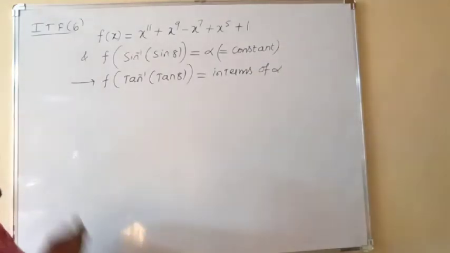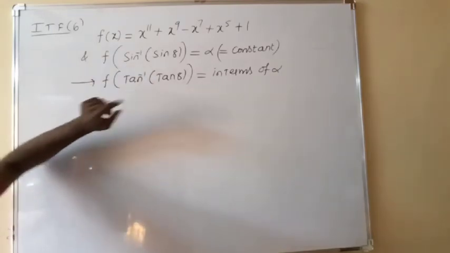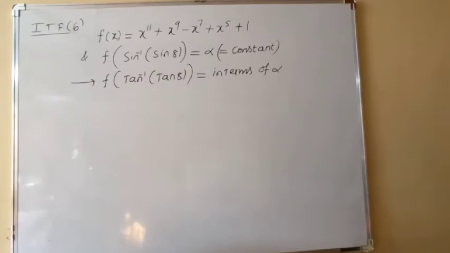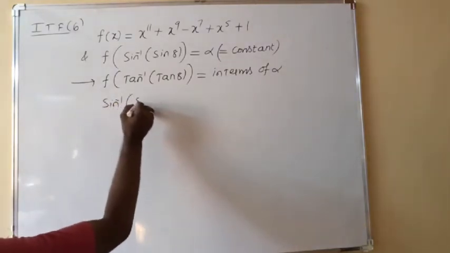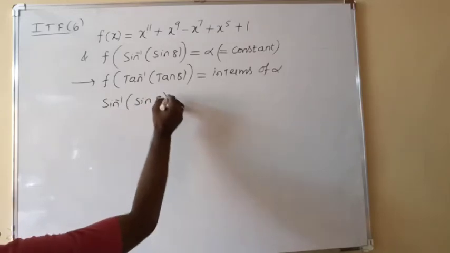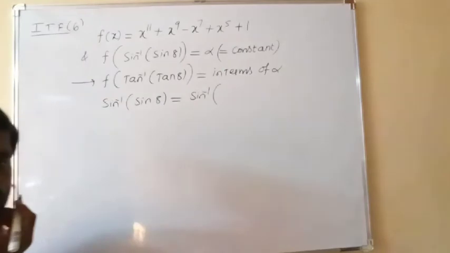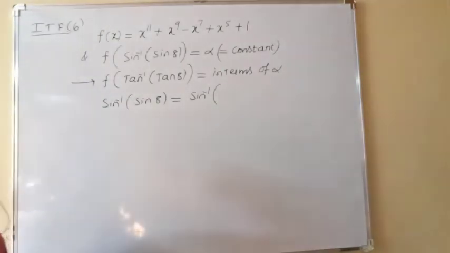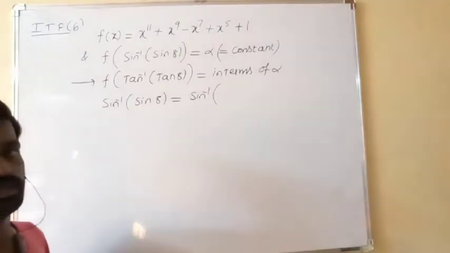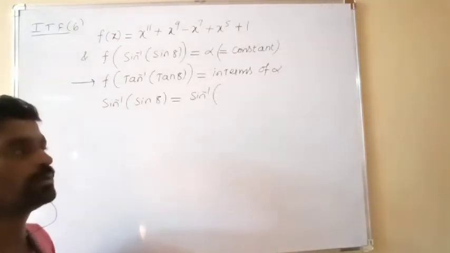Here, one thing you need to remember: first you calculate the sine inverse of sine 8 and tan inverse of tan 8 values. So what is the sine inverse of sine 8? Is 8 nearer to 2 pi or 3 pi? 2 pi is 6.28, 3 pi is 9.42.